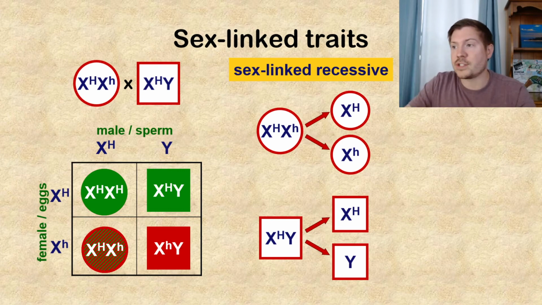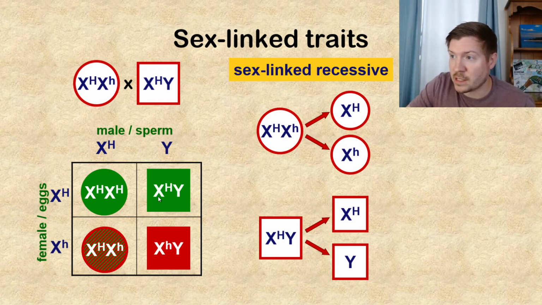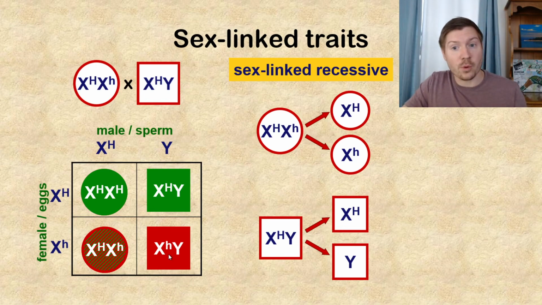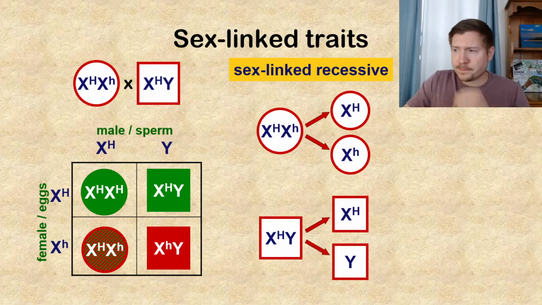All right, so then if we ask questions about the results of this cross, like what percentage of the offspring would you expect to have hemophilia? You'd say, okay, she doesn't have it, he doesn't have it, she doesn't have it, and he does. So 1 out of 4, 25%. But because it's a sex-linked cross, we can also ask other questions like what percentage of the sons would you expect to have hemophilia, right?